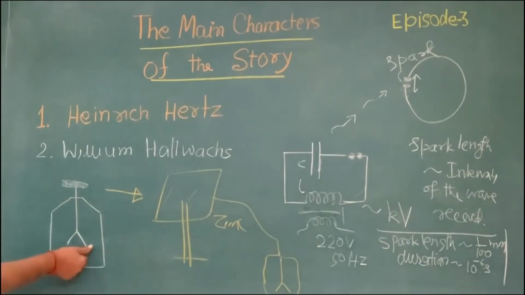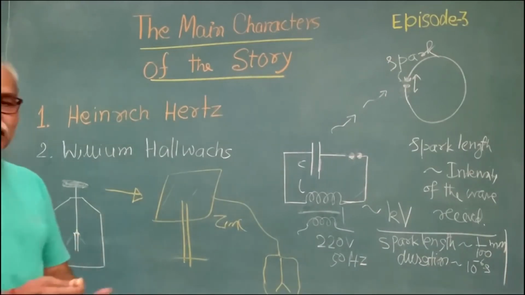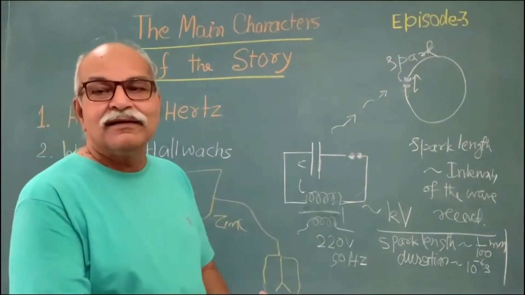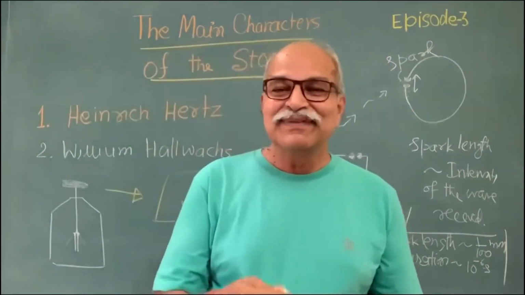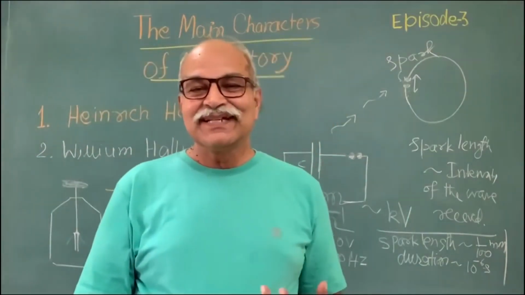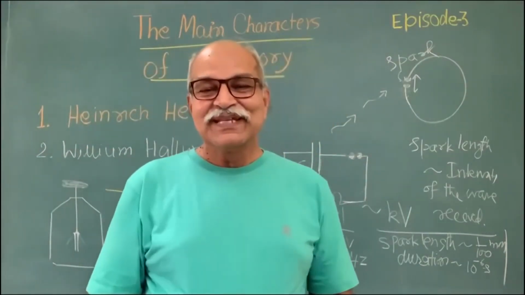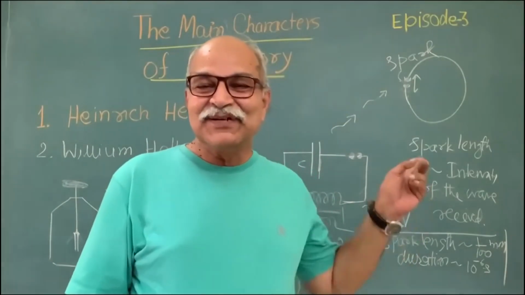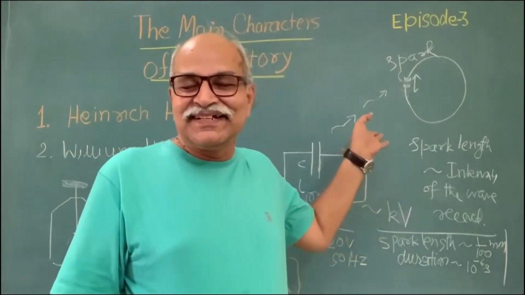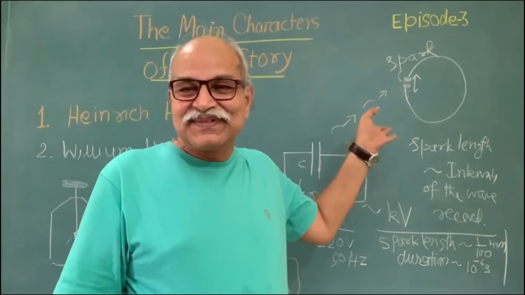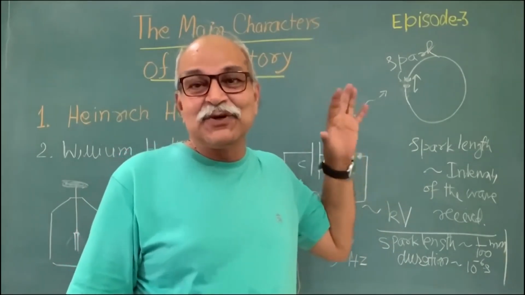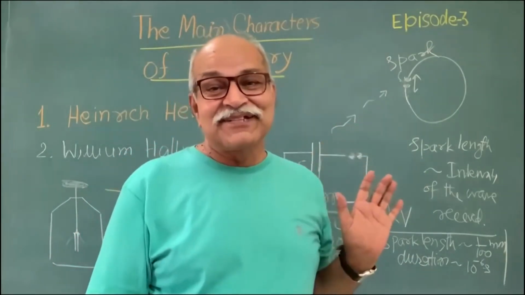So initially the two leaves are just hanging this way, and if you rub dissimilar things, then electrons get transferred from one to the other. Remember, we are talking of 1887 and 1888. The electron has not formally entered our story.